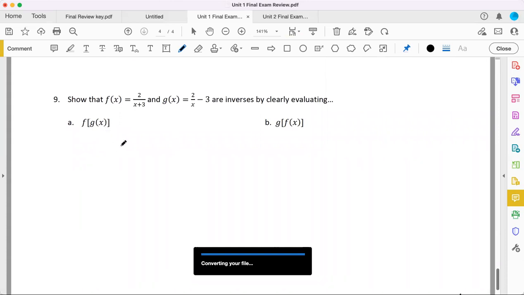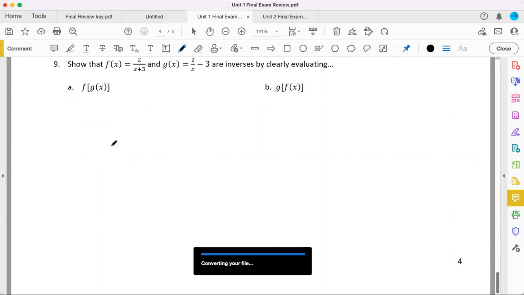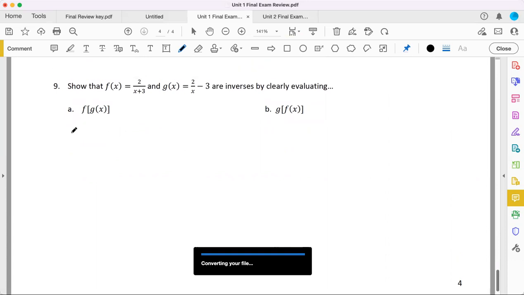F of g of x. Yeah, I'll do one of these. That's fine. You know f is this, so it's 2 over, instead of x, you're putting the whole thing of g of x. This is pivotal. Plus 3. And this actually isn't too bad because you can see pretty quickly that the 3s will cancel.